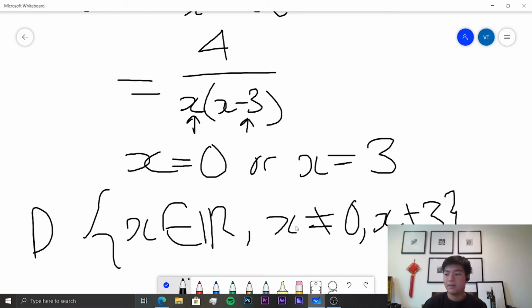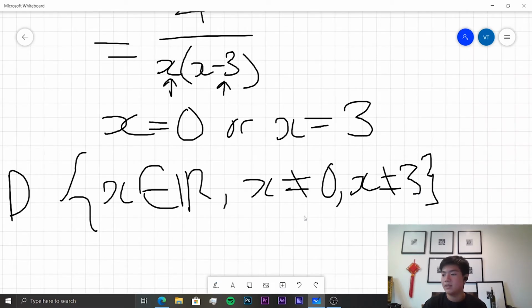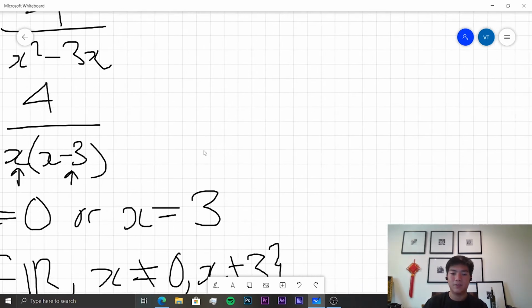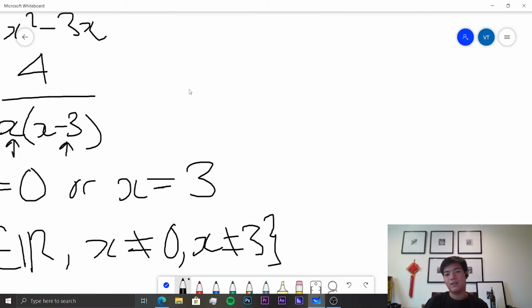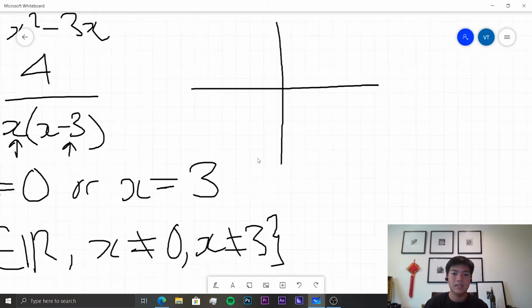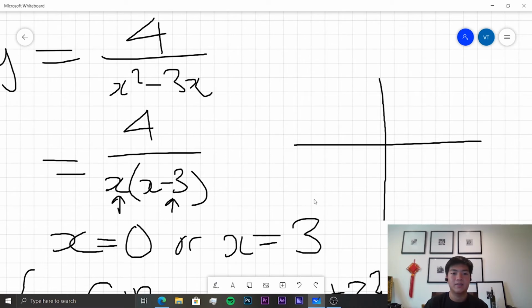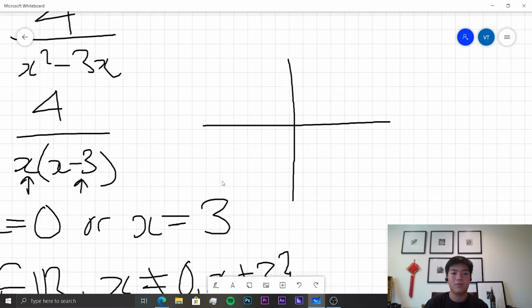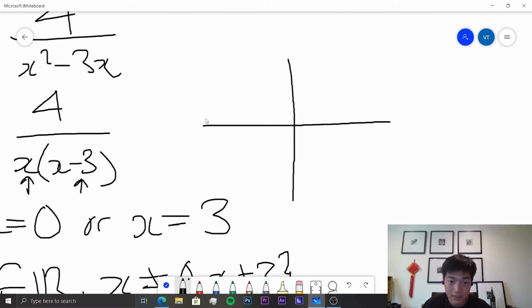So that was a pretty simple domain. To graphically confirm this, the graph of this function would look something like this.